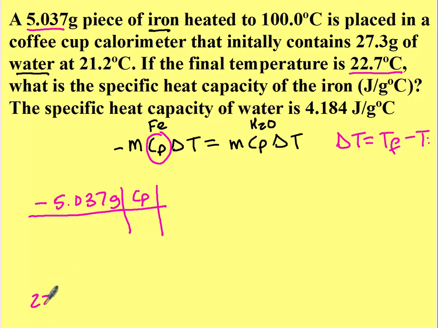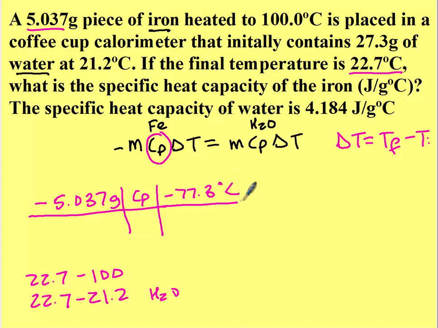So we have 22.7 minus 21.2 for water. And for iron, it should be 22.7 minus 100. So that gives us negative 77.3 degrees Celsius for the iron.